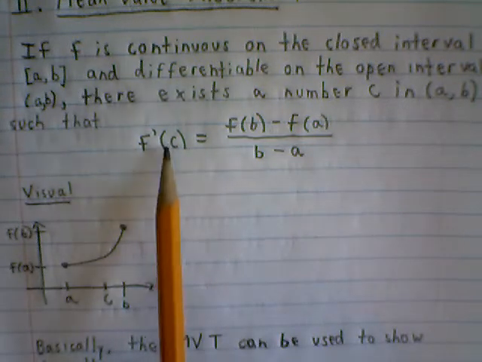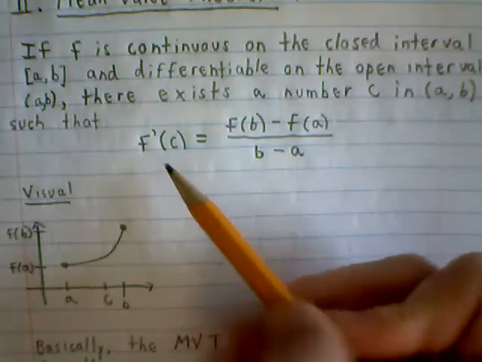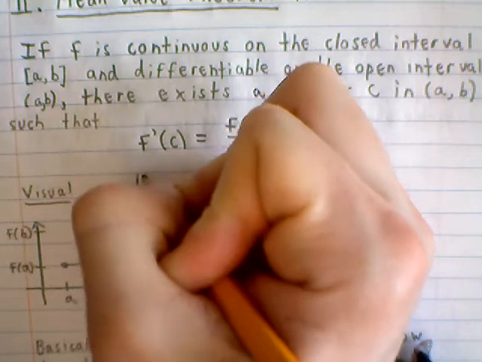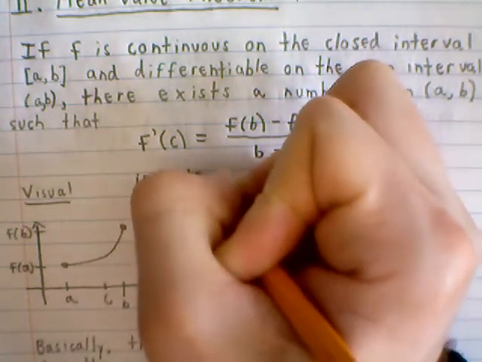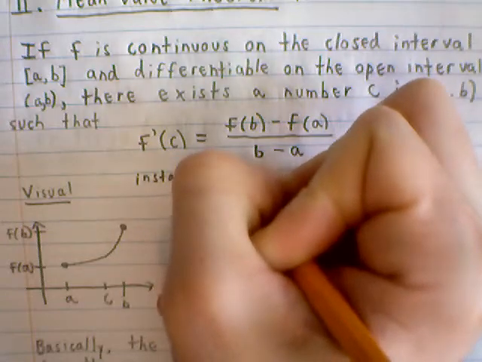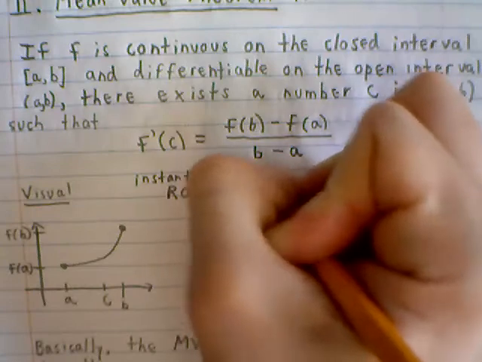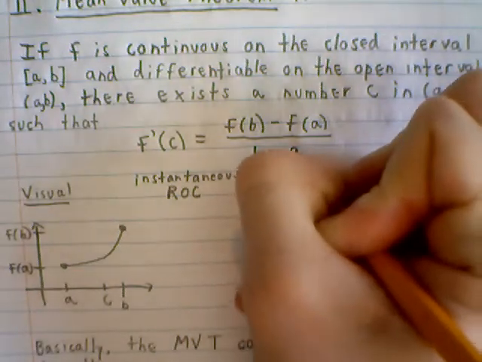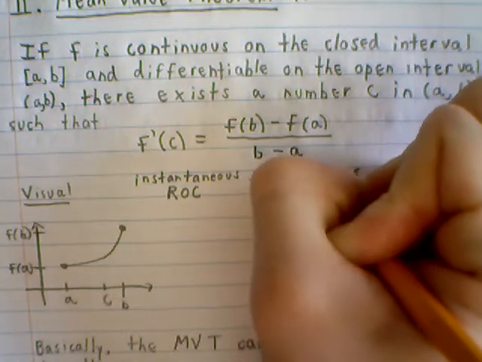Now, all this is saying is there has to be a point where the instantaneous rate of change equals the average rate of change.